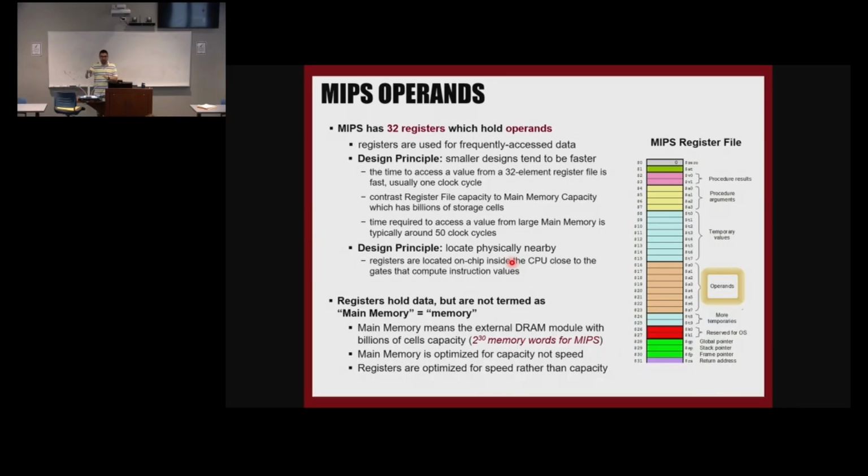Memory, main memory is usually DRAM. We have billions of them, trillions of them. In the main memory, that is something different. And we have cache, which is something different too. We're going to talk about those concepts in the memory hierarchy module. So main memory is optimized for capacity, means that the memory cells that we have are very small.